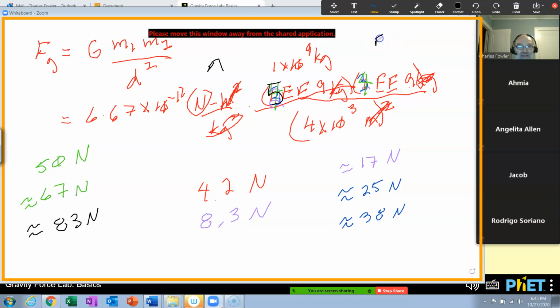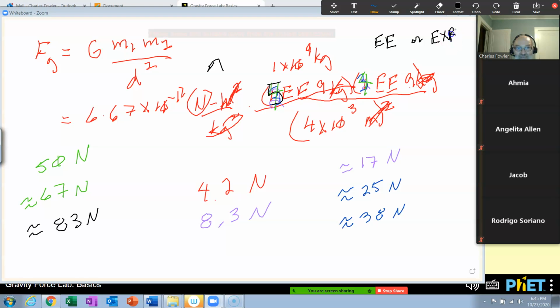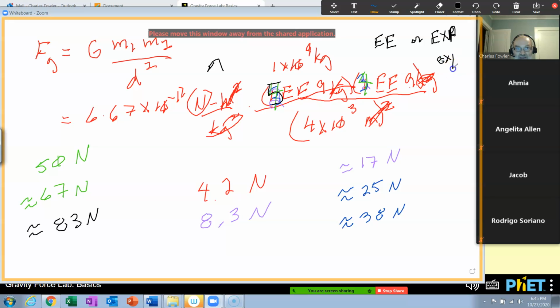It's either EE, that's what's on mine, and it could be capital EXP or P, that's not an R, P, or little EXP. That means exponential. Okay, are you using a phone or a calculator? I have a phone. Is it an iPhone or a Samsung? Android. It's a Samsung. Okay, I don't have a Samsung, so I don't know how it looks.